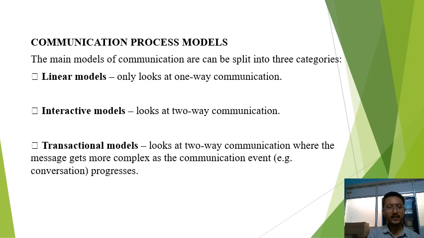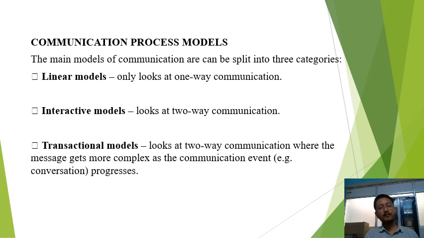And thirdly, there are transactional models. This includes models which are also two-way communication, but the message eventually gets more complex as the communication proceeds, or as the communication progresses.